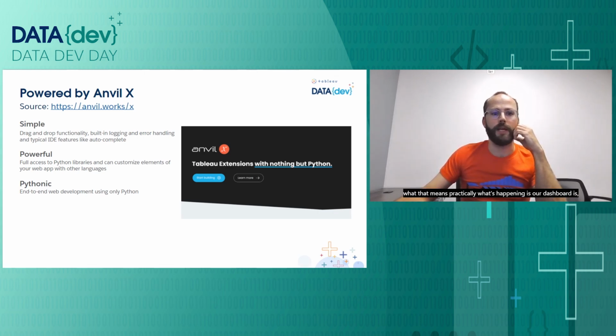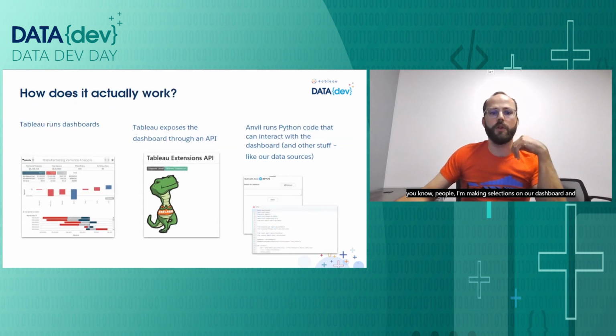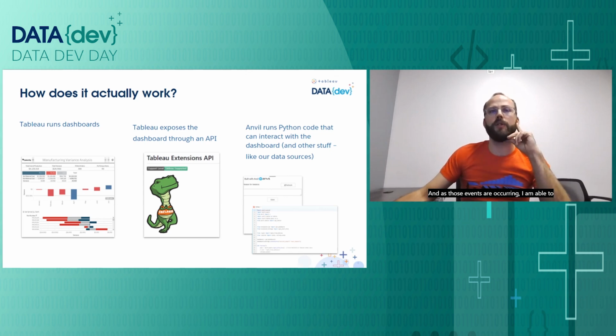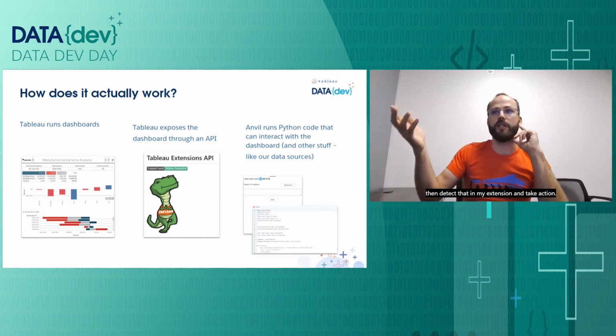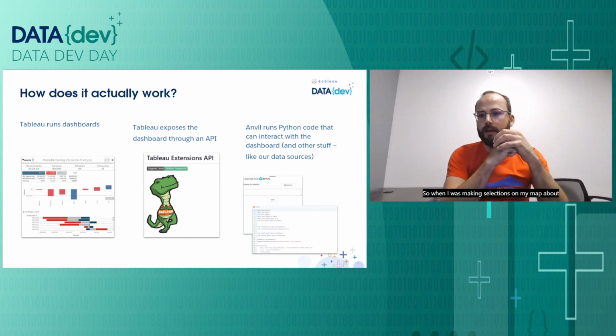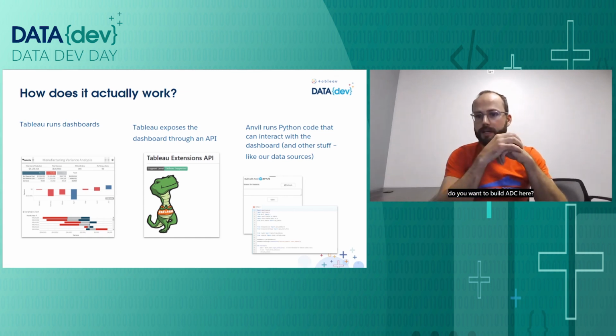Practically, what's happening is I'm making selections on our dashboard and things are happening on our dashboard, and those are basically creating events. As those events are occurring, I'm able to detect that in my extension and take action. So when I was making selections on my map about where a DC location might be, I can then change the UI to tell people, hey, do you want to build a DC here?